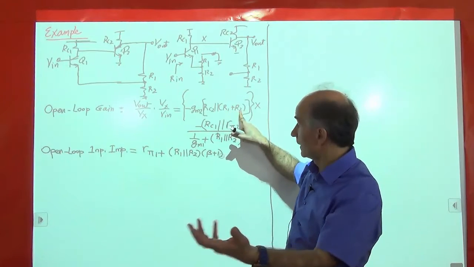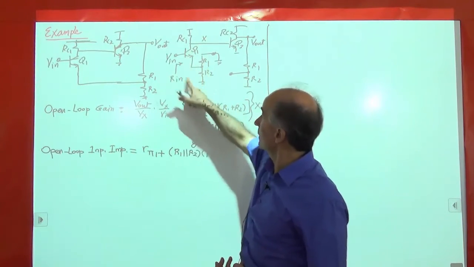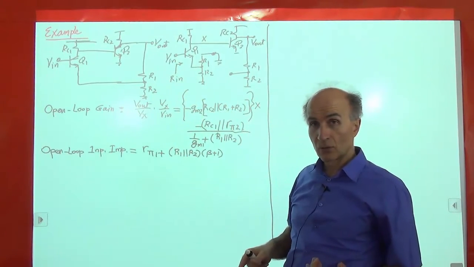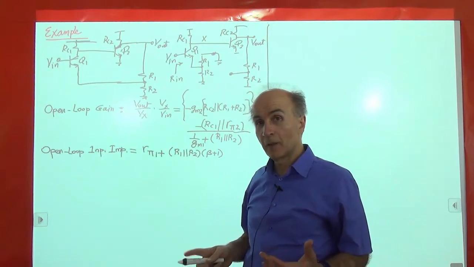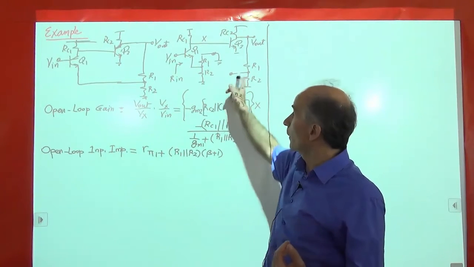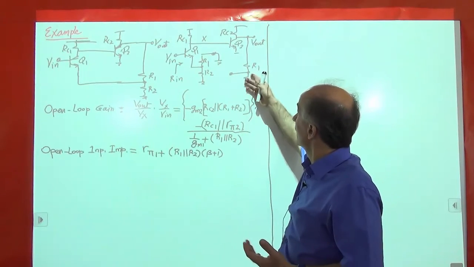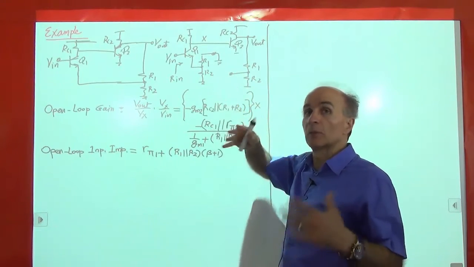At the input, we have them in parallel, both for the gain calculation and the input impedance calculation. So that's the way it is, and this would not be easy to predict if we did not know how to open the loop properly, right? We said, okay, we have these 2 resistors. Do we connect them in parallel? Do we connect them in series when we open the loop? And so on.